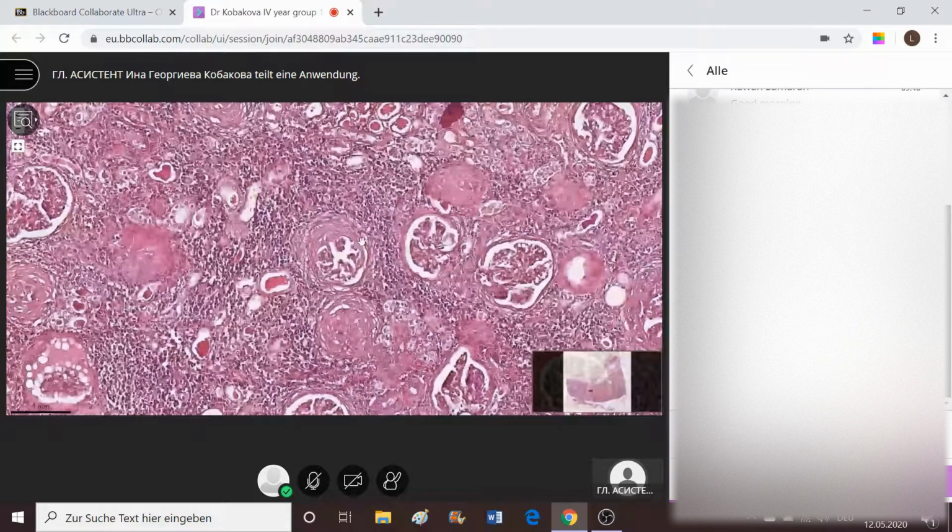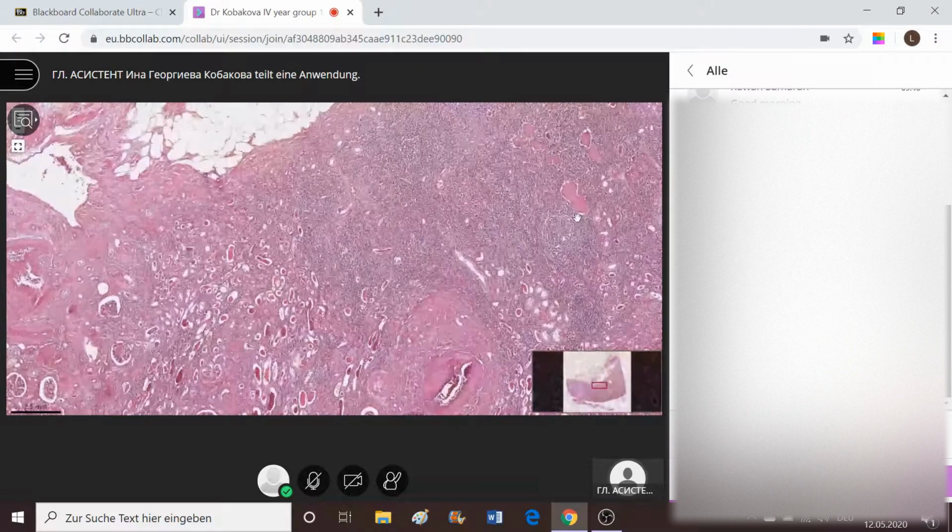We see here just final stages of fibrosis, multiple interstitial fields of inflammatory infiltrate in between the glomeruli, so rich that it might try to form follicles with germ centers. And also diffuse fibrosis.